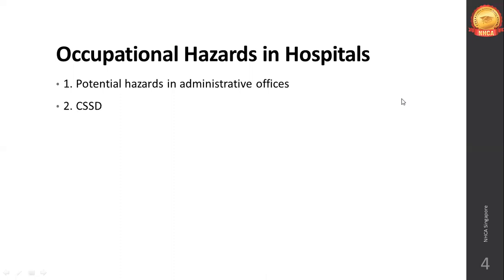Coming to the CSSD, Central Sterile Supply Department, there is a risk of transmission of infection, and an outbreak can take place through the CSSD as well. If the equipment is not cleaned, sterilized, or disinfected properly, it could be a pathogenic source. In CSSD, if gases like ethylene oxide are used, that would lead to employee health injury, such as respiratory issues in employees.